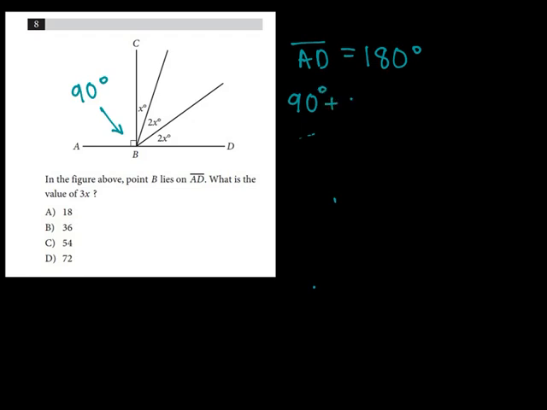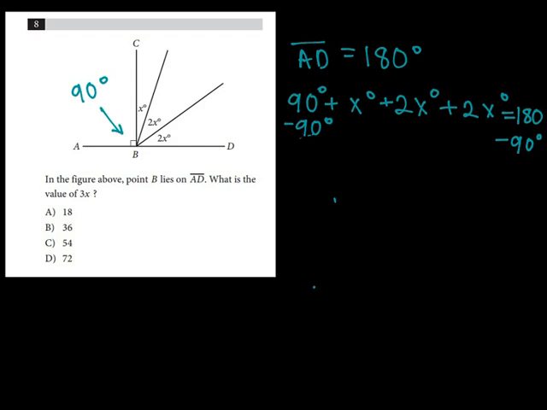90 degrees plus x degrees plus 2x degrees plus 2x degrees equals 180. Sorry, it's a little scrunched up there. And now we're just going to subtract 90 degrees from both sides so we can have variables and constants on their own separate sides.